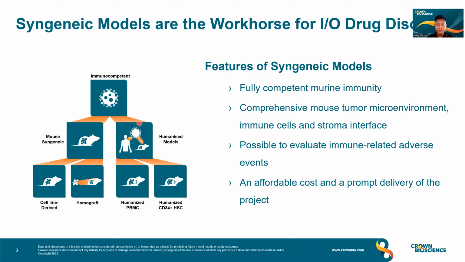This system combines human tumor, either CDX or PDX, and human immune cells. The immune system can be reconstructed by human PBMC or human hematopoietic stem cell, HSC.